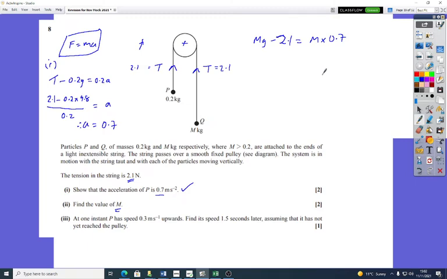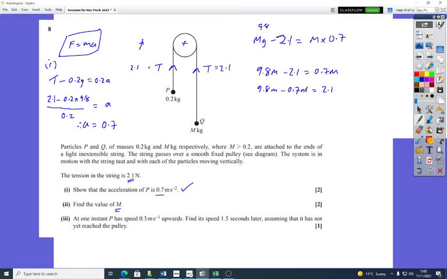Okay, so bring that to one side. Mg is 9.8 m minus 2.1 equals 0.7 m. Bring all the m's together, take what's not m on the other side, so that will be 9.8 m minus 0.7 m equals 2.1.